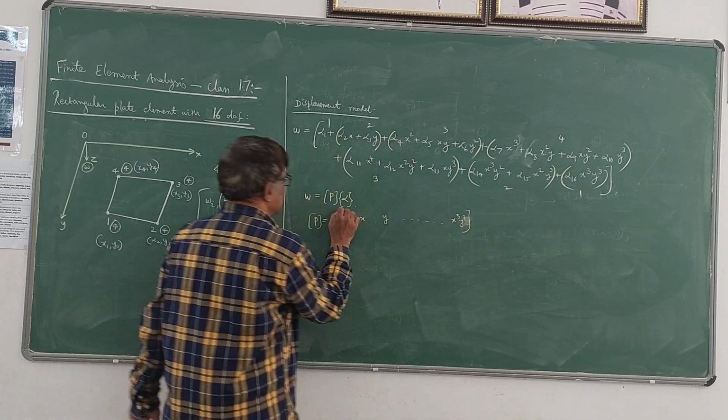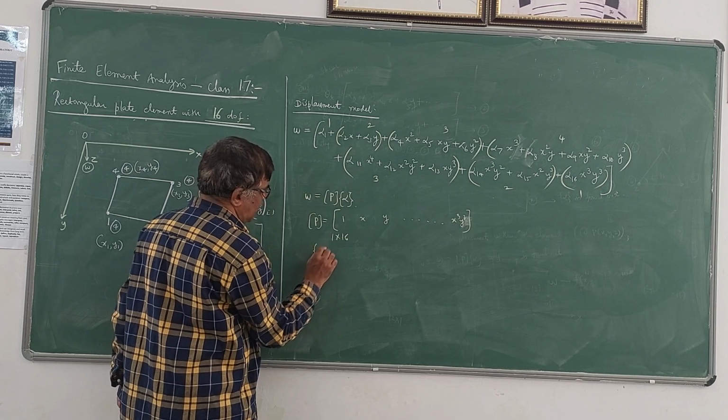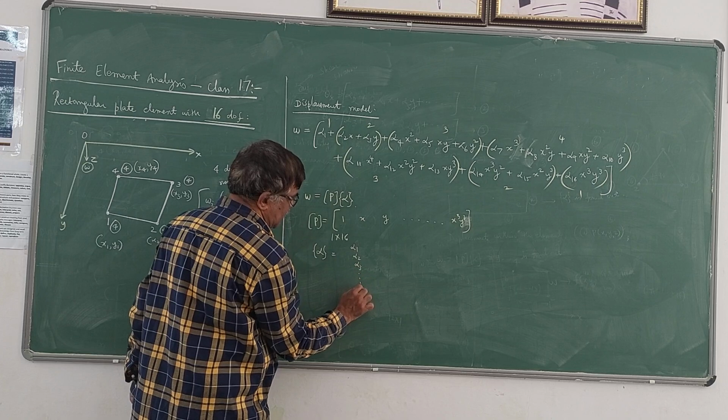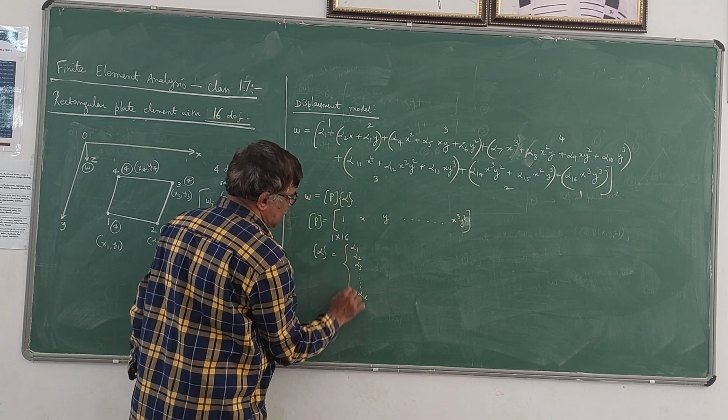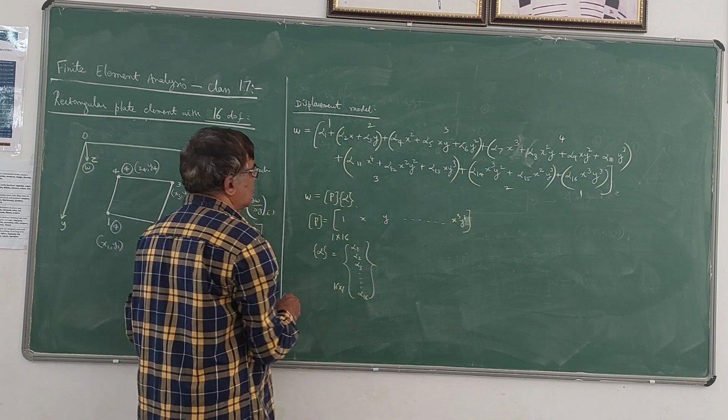So this is a 1 cross 16 matrix, and alpha can be written as alpha 1, alpha 2, alpha 3, etc. up to alpha 16. So this is 16 cross 1. The order of this is 16 cross 1.